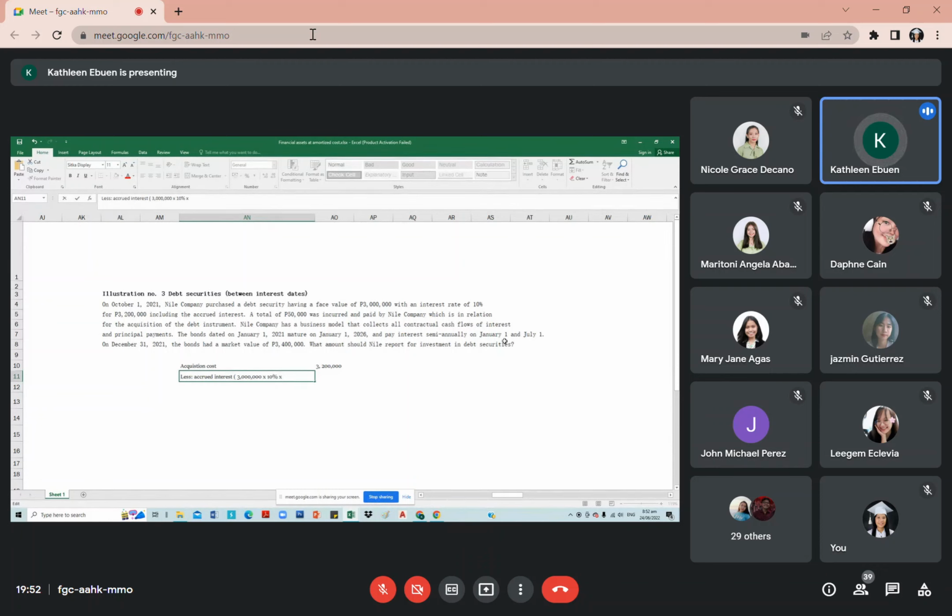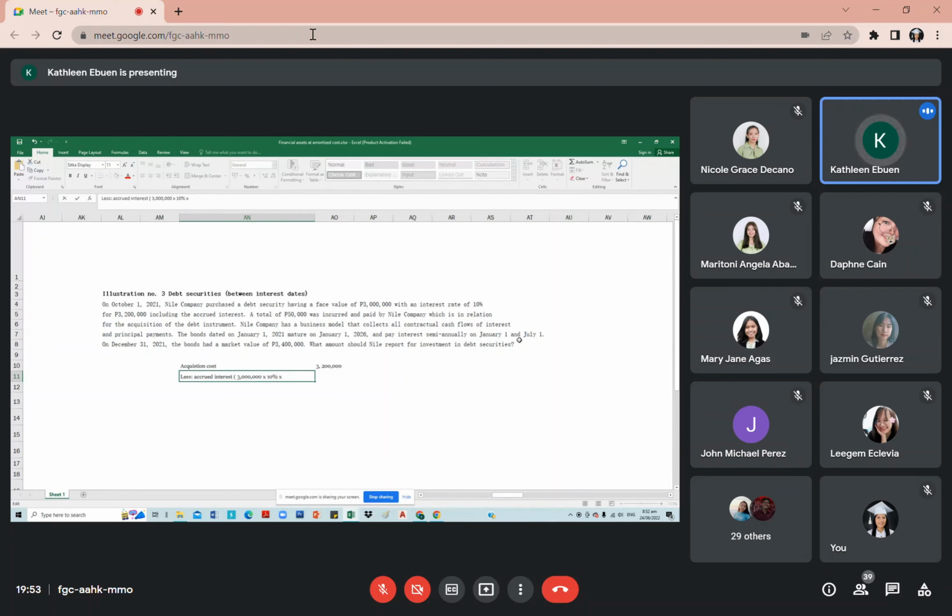So, ang payment kasi ng interest is 2 periods, semi-annually, January 1 tsaka July 1. So, i-assume natin, class, that starting January 1 hanggang July 1, nagbayad po ng interest si debtor.